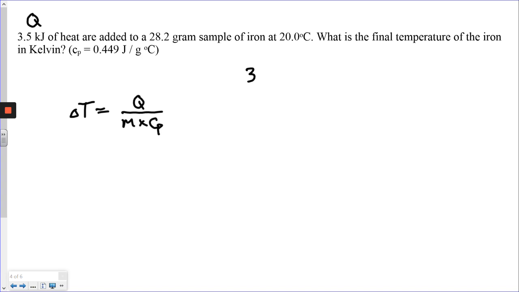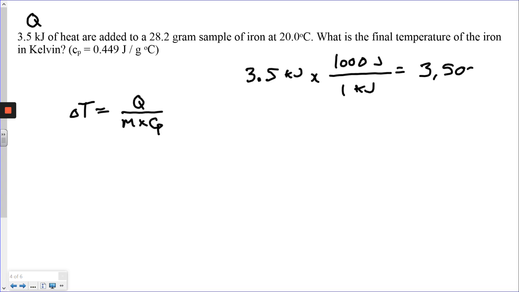But to show our math for that, we need to say 3.5 kilojoules, and I know that in 1 kilojoule, there are 1,000 joules. So we get 3,500 joules. So this is going to be our Q.